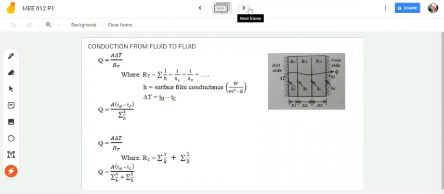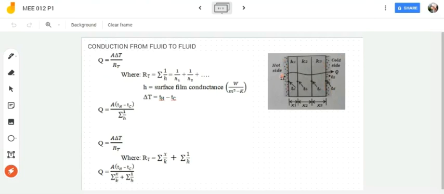Okay, next we have the conduction from fluid to fluid. This is now combined with your conduction through a composite wall. We have 3 walls here, and we have some fluid. Maybe this is steam, and on the other side, maybe this is air. But as you can see, we have conduction from fluid to fluid.